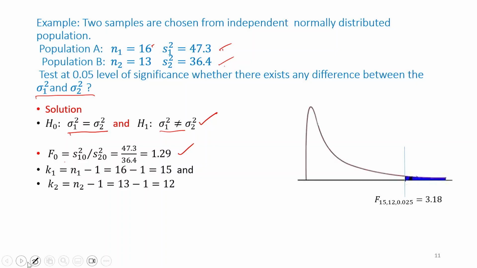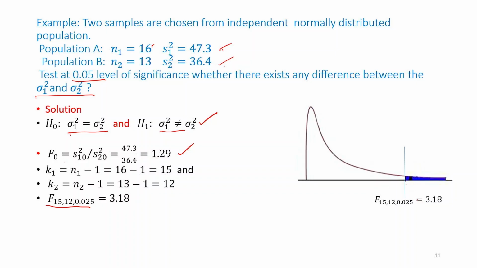and degrees of freedom K1, K2 is also calculated, and now this is the typical F distribution graph that looks like this. We have to find out, at the 0.05 level of significance, what is the value of F? It is on both sides you have to check.